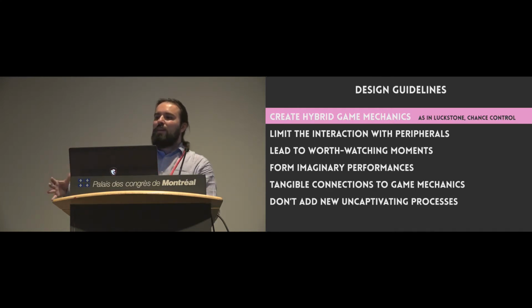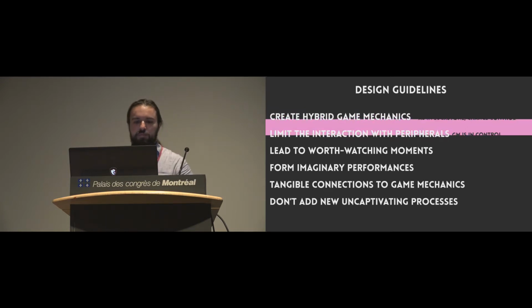In most tabletop augmented games, they're just augmenting the pawns and the tokens, with not much addition to game mechanics. Here in the Lockstone, it has digital properties that you can manipulate with chance, but its physical properties also add to the game mechanics, and I believe this is very important for designing meaningful hybrid games.